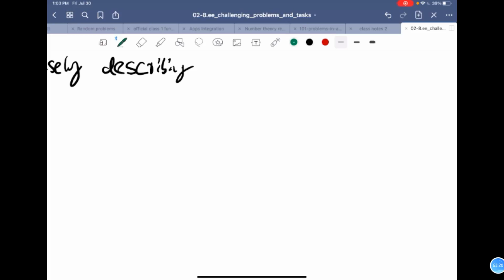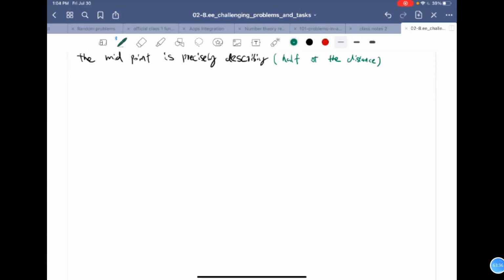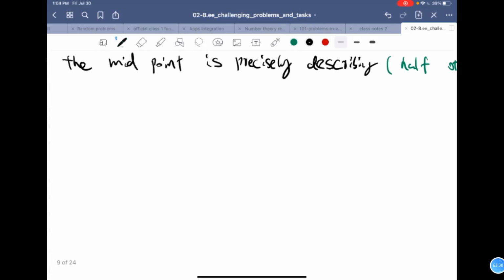Alright, half of the distance. How about this? Half of the distance. For example, we have point A, Y. Point B, Y. Y is a constant. I'm gonna put K actually, because my Y might seem kind of confusing.